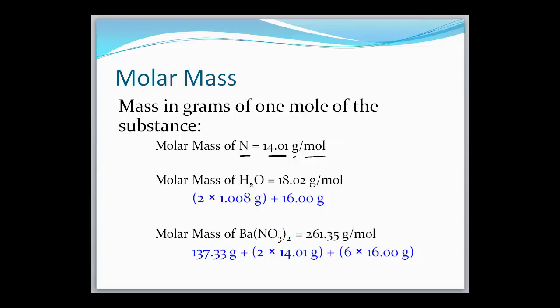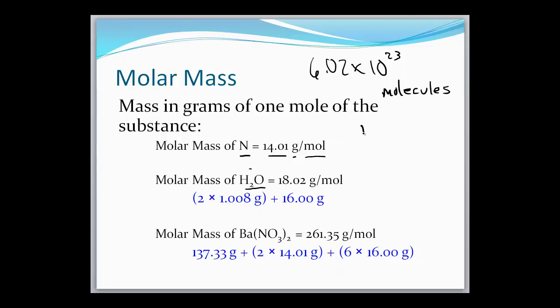Now when you have compounds, such as water, to calculate what we refer to as the molar mass of water, that's how many grams there would be in 1 mole of water. In other words, if you had 6.02 times 10 to the 23rd molecules of water, what would its mass be?